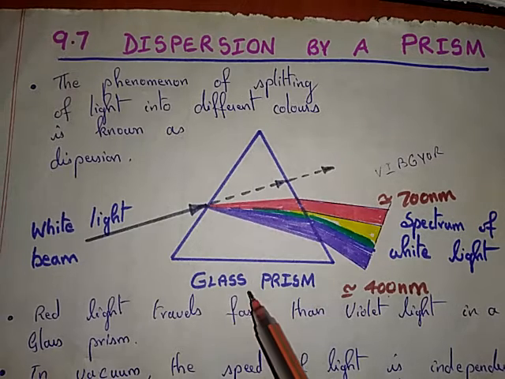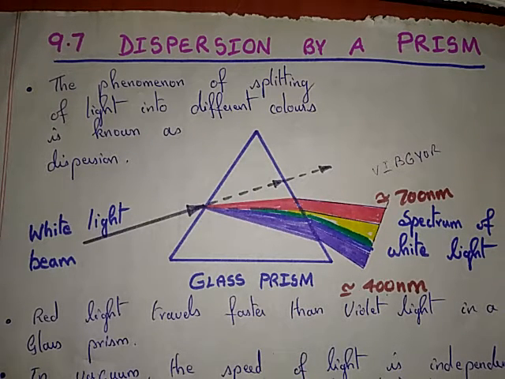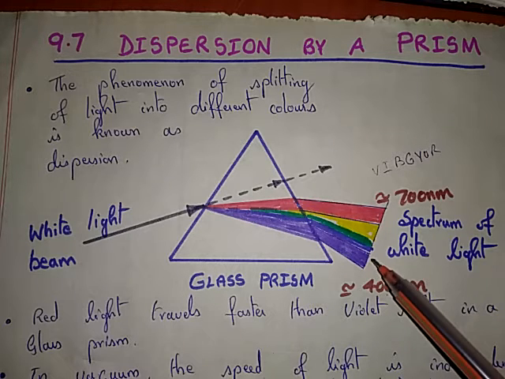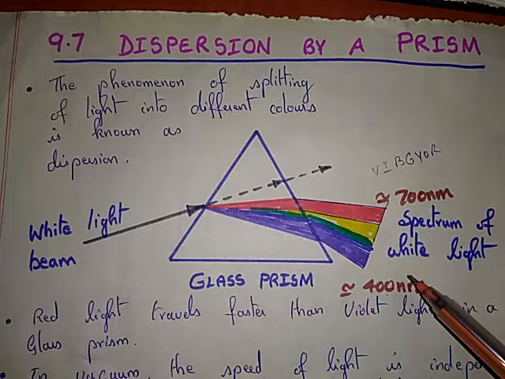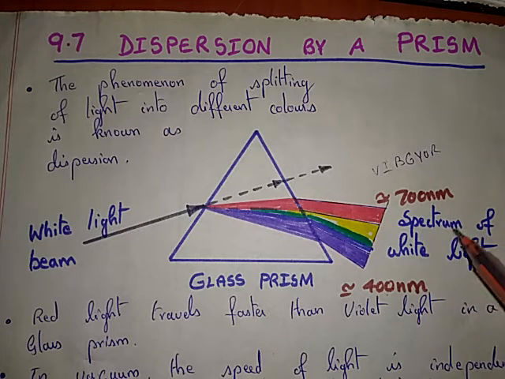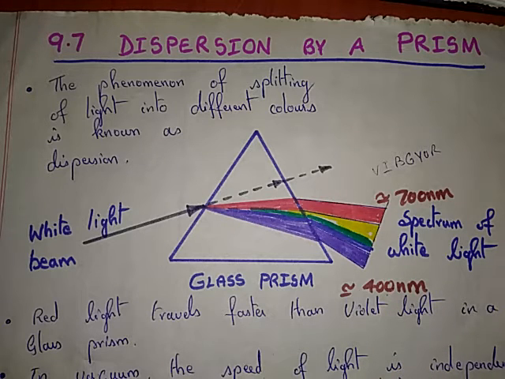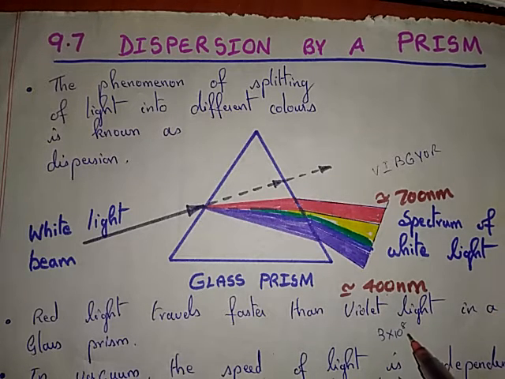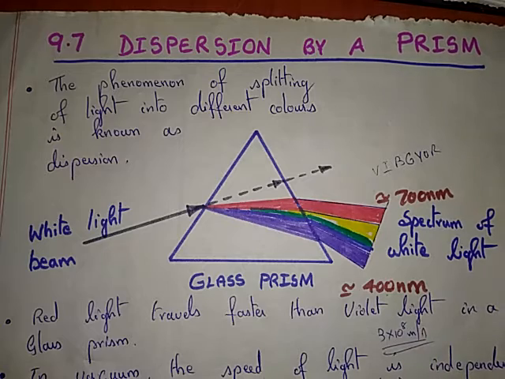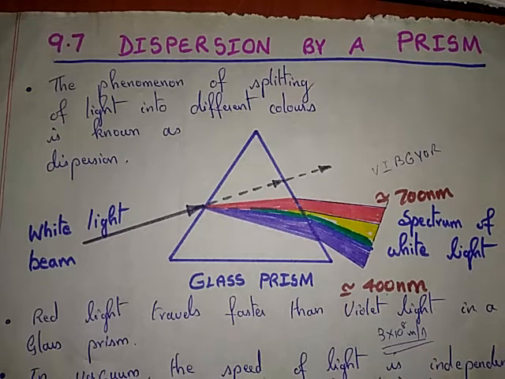Generally speaking, in vacuum or in air, the speed of light is independent of wavelength. Suppose these colors are allowed to travel in air or vacuum, the speed of each color will be the same, which is 3 into 10 power 8 meters per second in free space, vacuum or air.